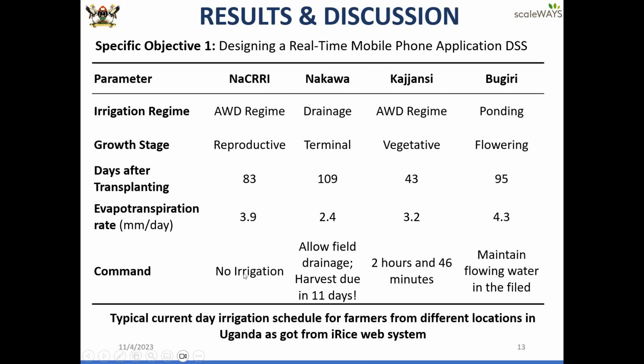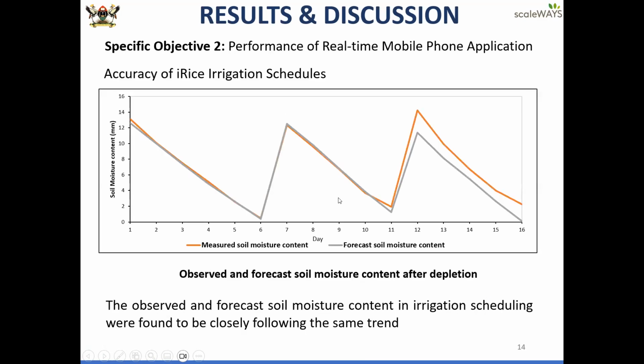Then the commands are also issued, where we have no irrigation and others, depending on what stage the crop is at.